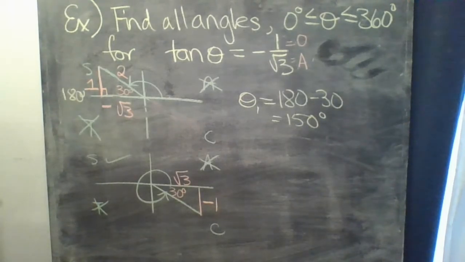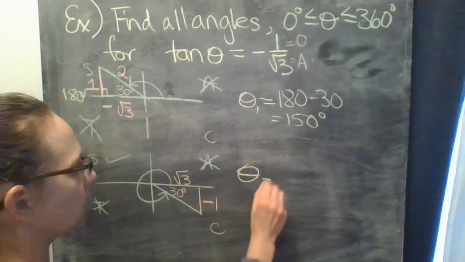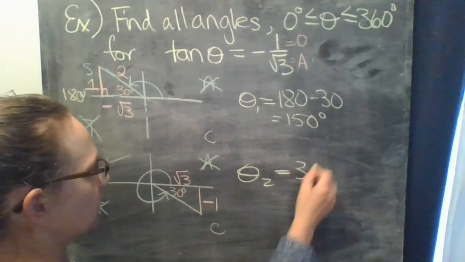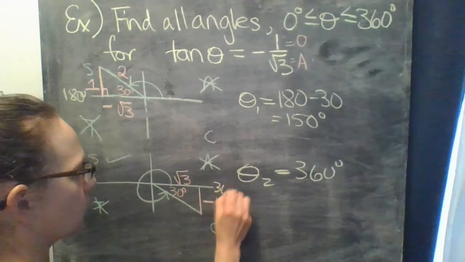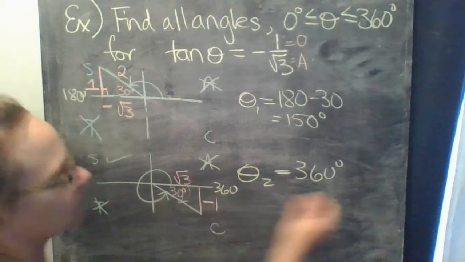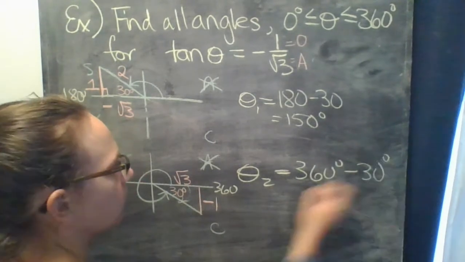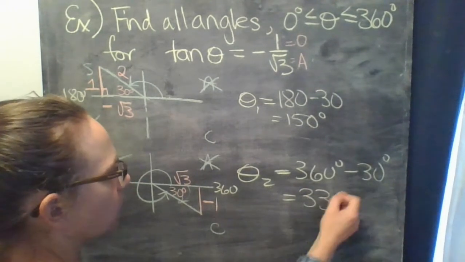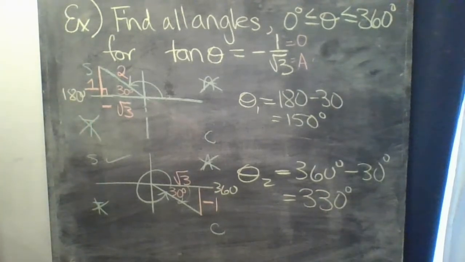That's going to be 30. Then our angle is going to be 360, because that's all the way around, minus the 30, because we have to come back, right? So our second angle is going to be 330 degrees. Cool, eh?